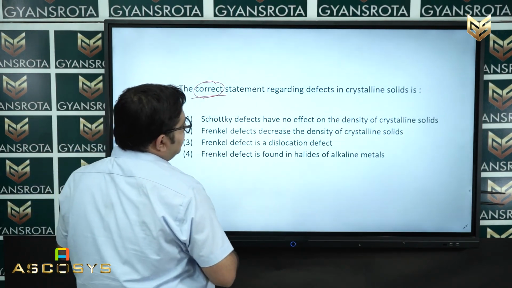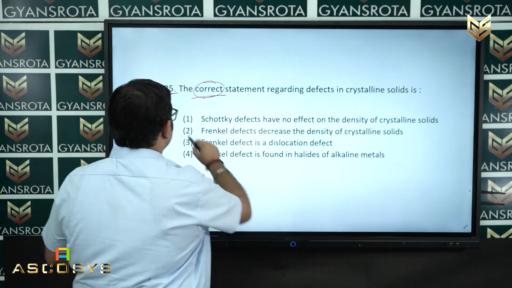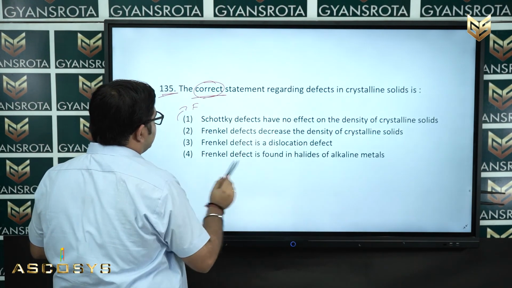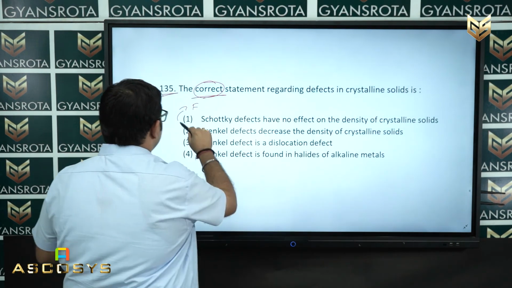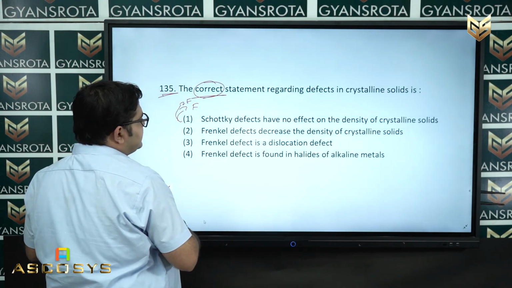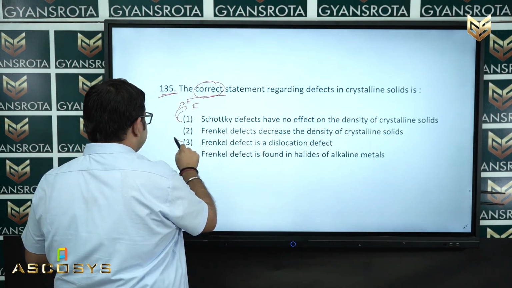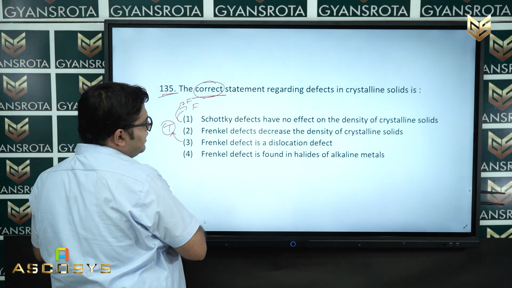Schottky defects have no effect on the density of the crystalline solid. So, this is a false statement. Okay. This is not the correct statement. Frenkel defect decreases the density of crystalline solids. This is also a false statement. Now, Frenkel defect is a dislocation defect. Yes, this is a true statement. Okay. And Frenkel defect is found in halides.